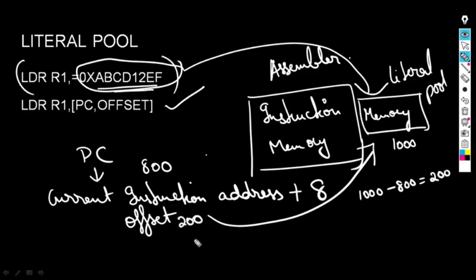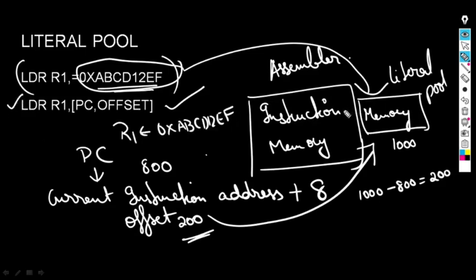So once this instruction is executed, because the offset value is adjusted to reach the literal pool, PC plus offset will be pointing to this particular location. So that particular data, which is 0xABCD12EF, is now loaded into R1 when this instruction is executed.